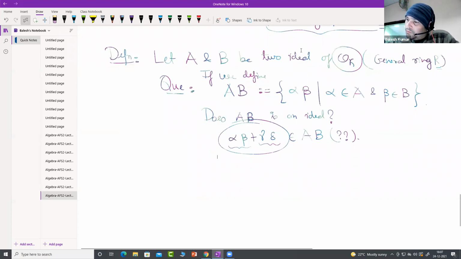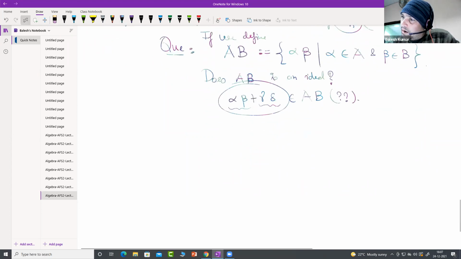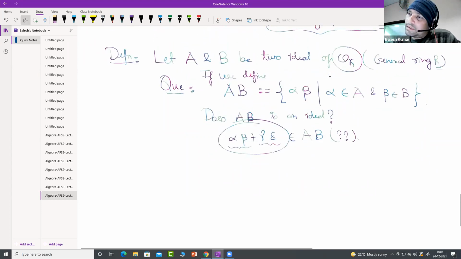So it is not an ideal, but we can take this set as a generating set for the product of ideals. Look at the ideal generated by this set. Now this is an ideal.